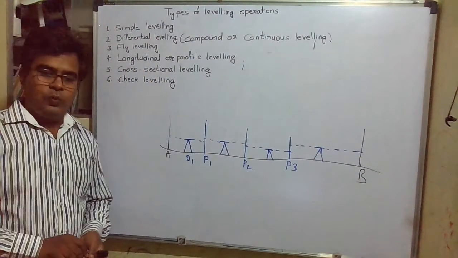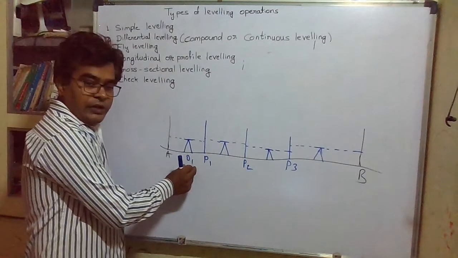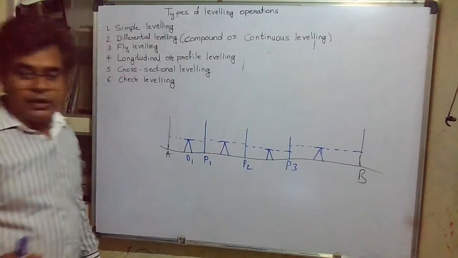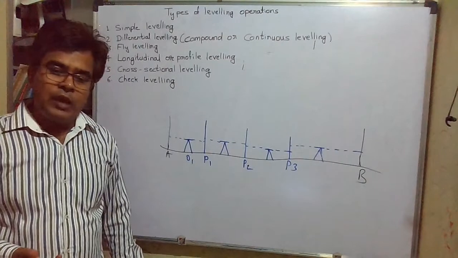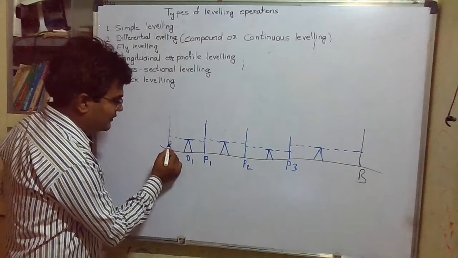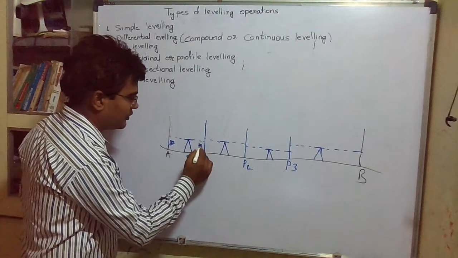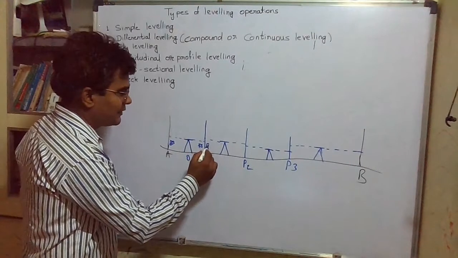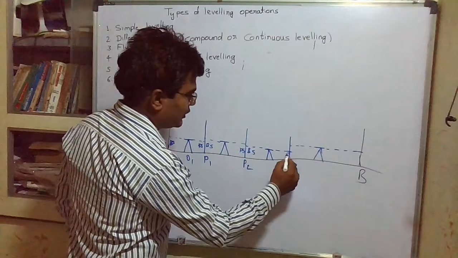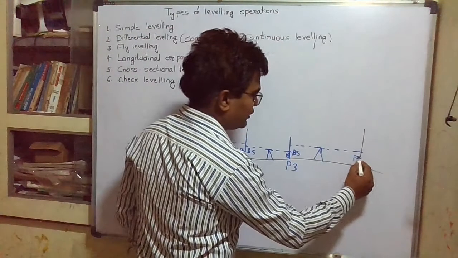So what we are doing is taking multiple points. We are setting our instrument at a number of points and taking readings at each setup. That is, in this setup backsight reading and then foresight reading. Again backsight, again foresight, backsight, foresight. Again here backsight, and again here foresight.